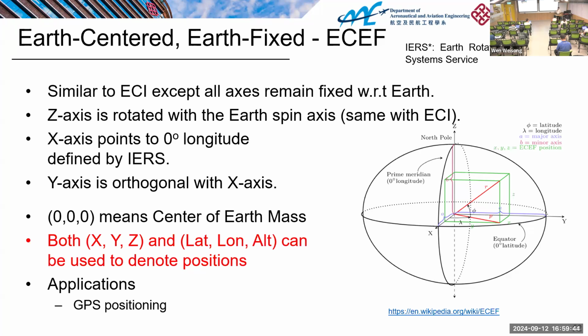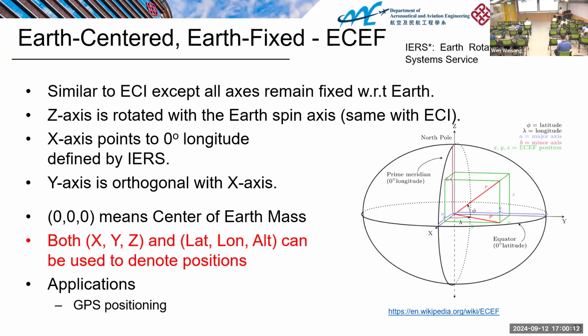The x-axis points to 0 longitude defined by the IERS, the International Earth Rotation and Reference Systems Service. Y is orthogonal to X, and Z always points to the North Pole. The origin means the center of the Earth's mass.